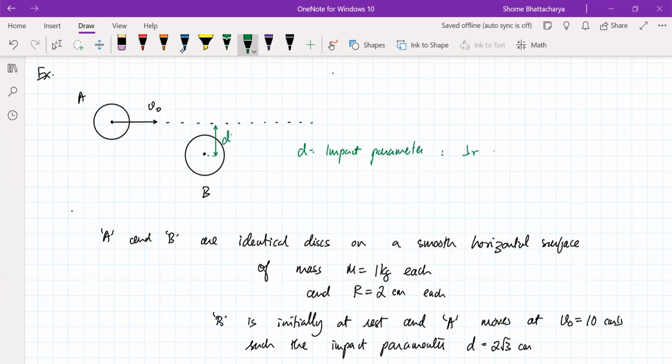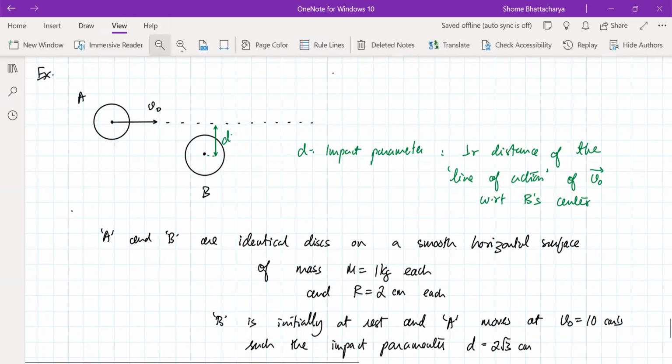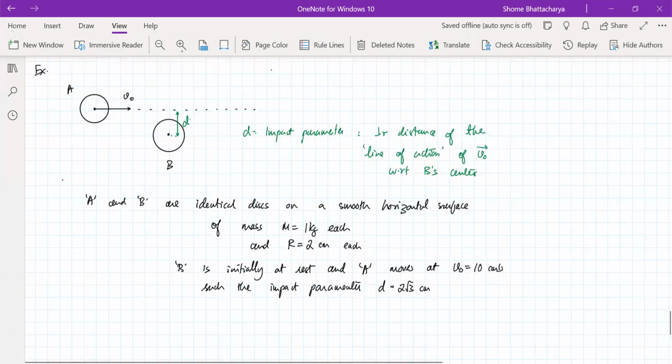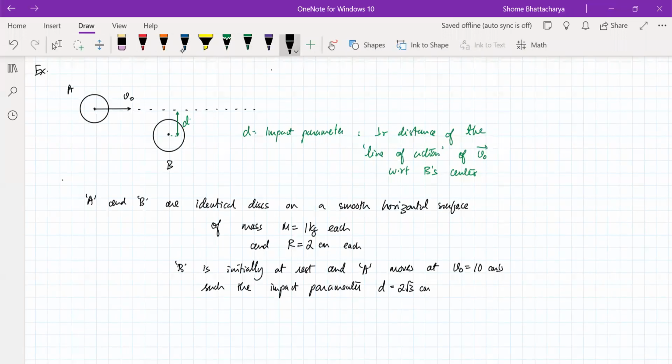So it is the perpendicular distance of the line of action with respect to body B's center. So that impact parameter is given to us as 2√3. So we have to find out, if the collision is perfectly elastic, the final velocities after impact.